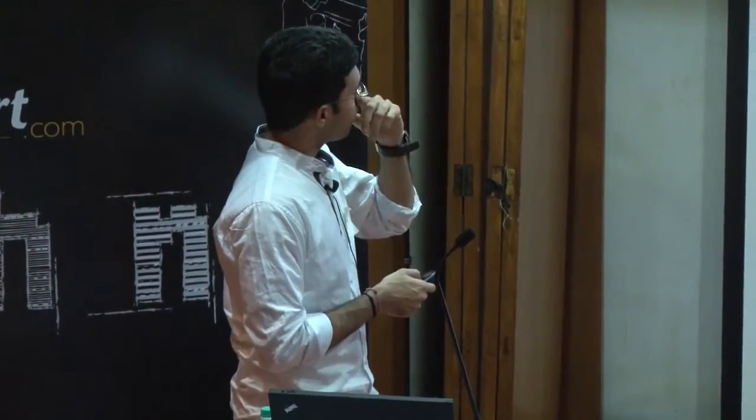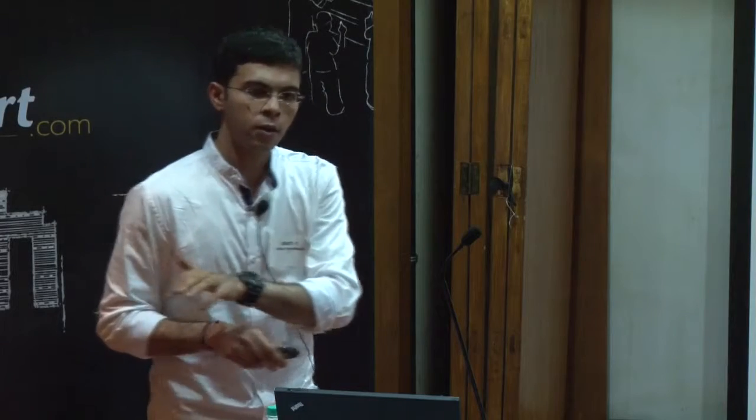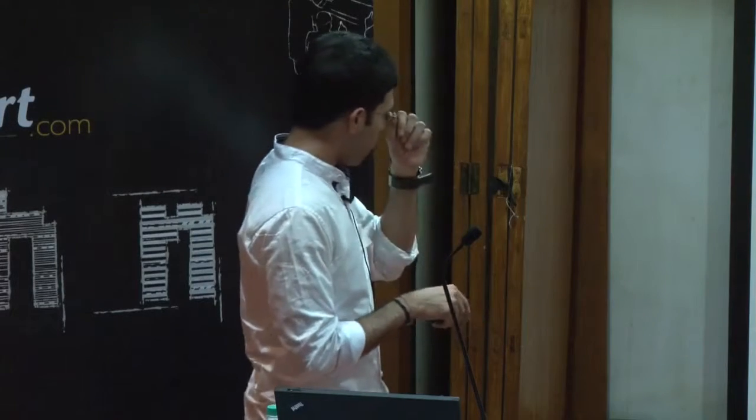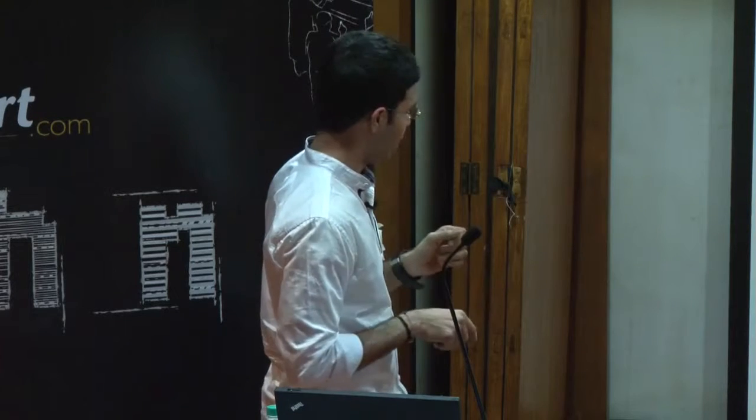The way that we've approached this is, we looked at the click logs that we get at Flipkart and try to see what people are clicking and what they end up going to after that. So for example, this is one entry of a log line. I've truncated it because it was too big to fit in this slide.